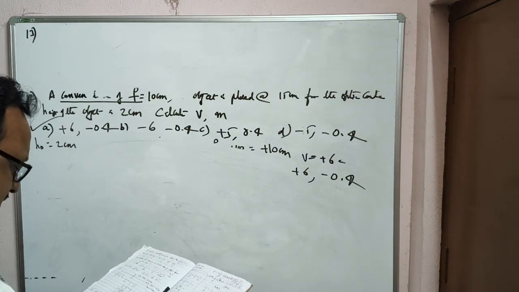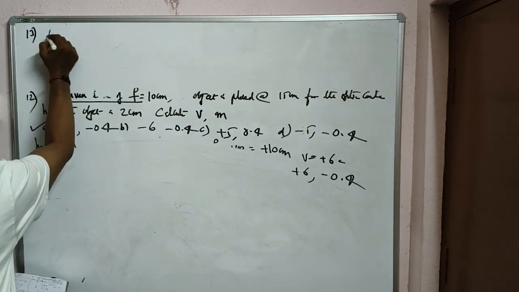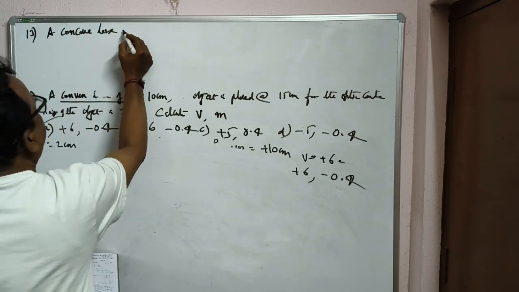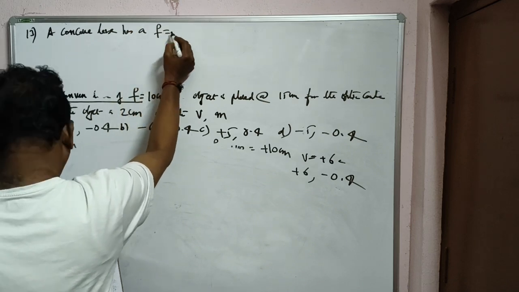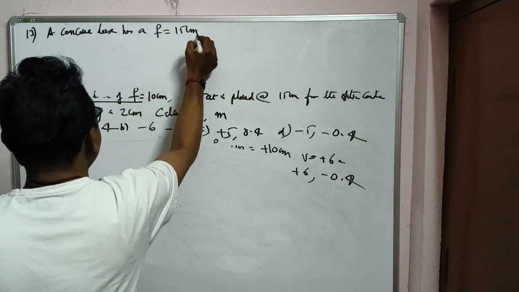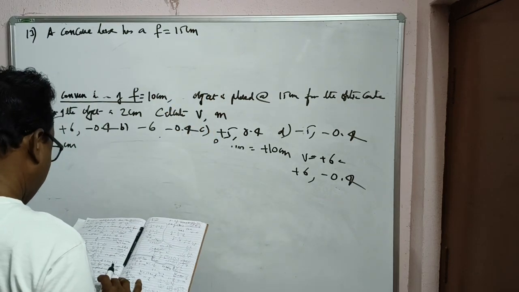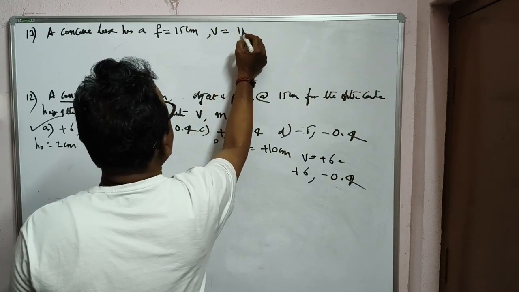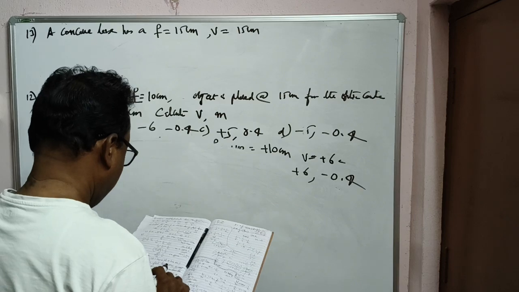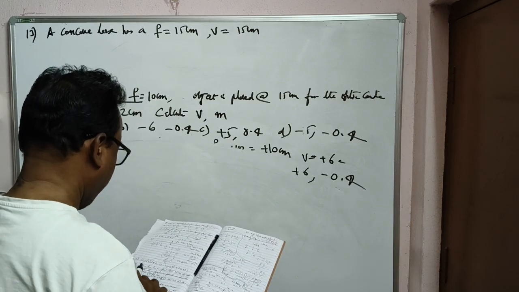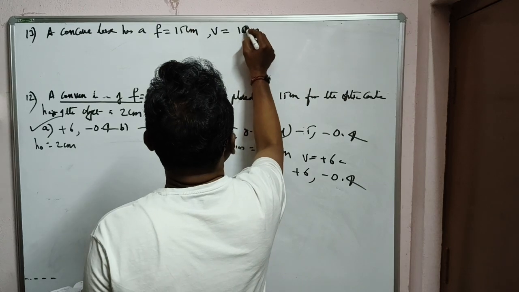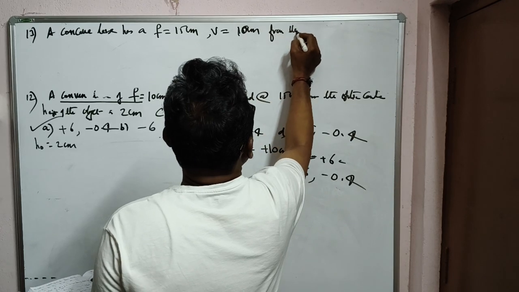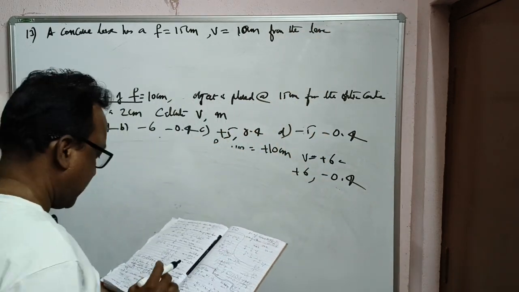Now in the 13th question, if you observe carefully, he has given, see here, a concave lens. A concave lens has a focal length of 15 cm, it seems, and an image is formed at 10 centimeters from the lens.